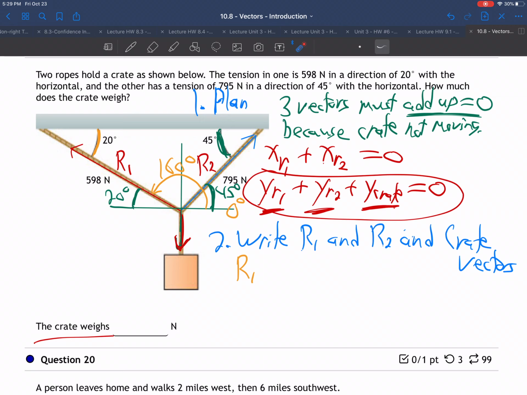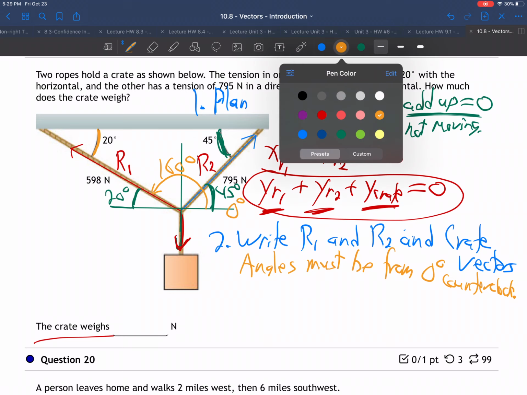And remember, let me write, angles must be from 0 degrees counterclockwise, because that's how we measure actual angles.